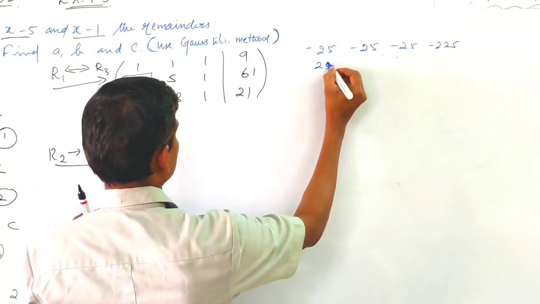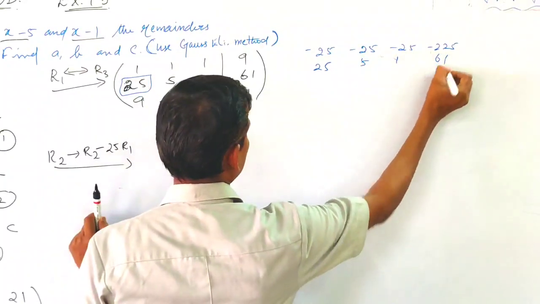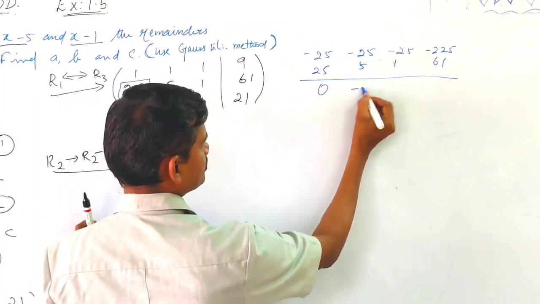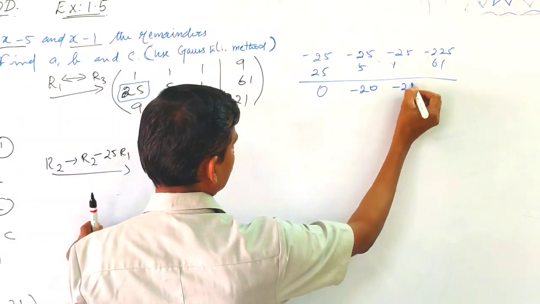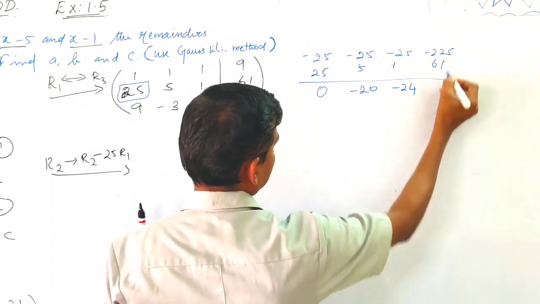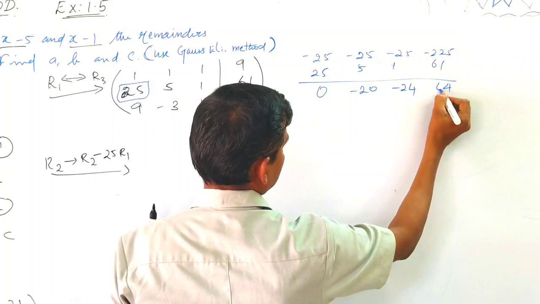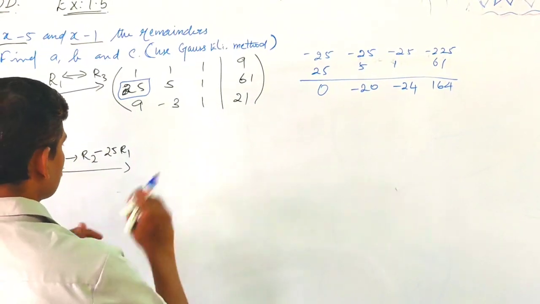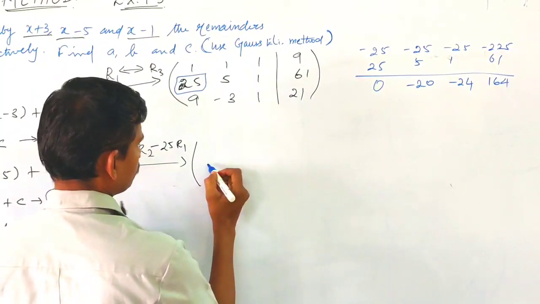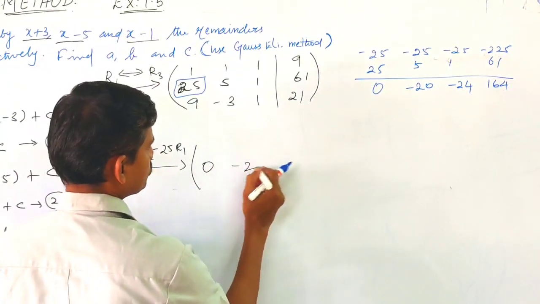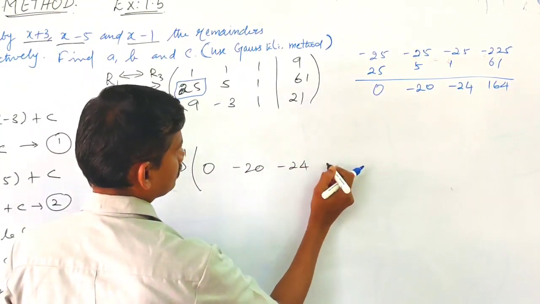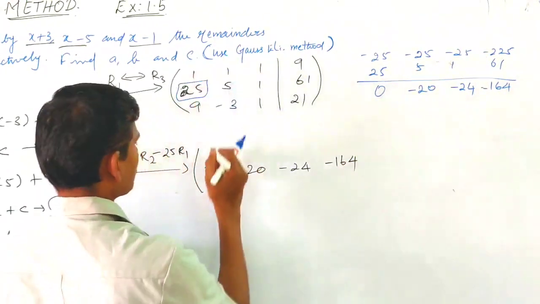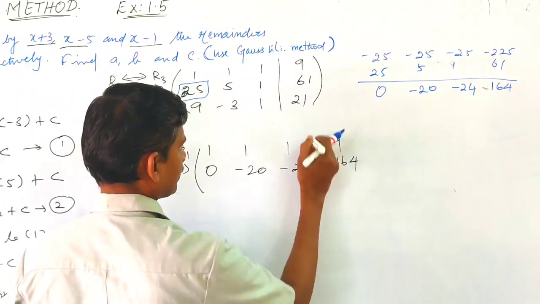The second row comes as it is, 25, 5, 1, 61. If you simplify, you get 0, 5 minus 25 is minus 20, minus 24, and 61 minus 225 is minus 164. So the answer is 0, minus 20, minus 24, minus 164. The first row comes as it is, 1, 1, 1 and 9.